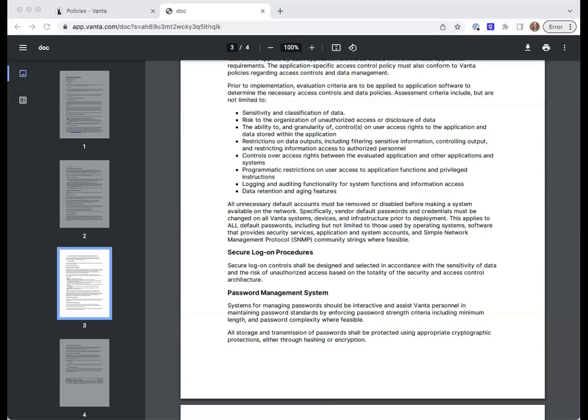The number one secure logon procedure I'd recommend would be MFA, as we talked about. So it's having this second factor to log on to a system. There are other common things here, and this is more about the technology used around actually logging into a system and best practices.